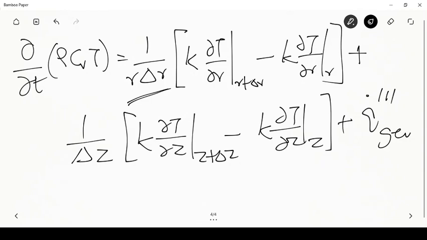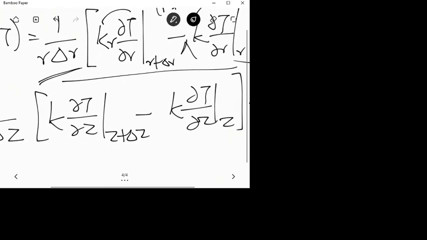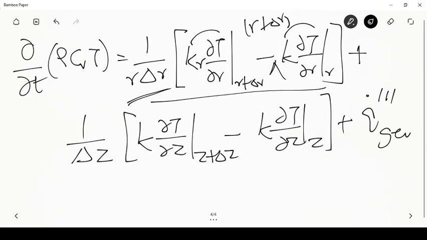Now the first term is k del T by del r at r plus delta r and k del T by del r at r. Okay, there is an r missing here, and this will be r plus delta r. Now this is k r.